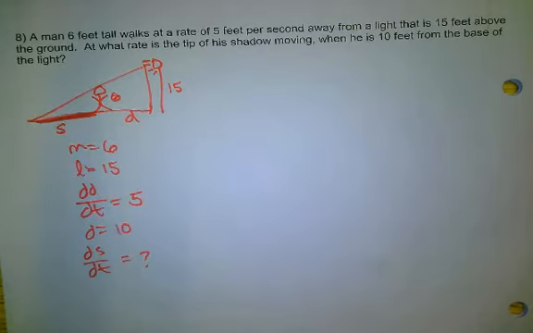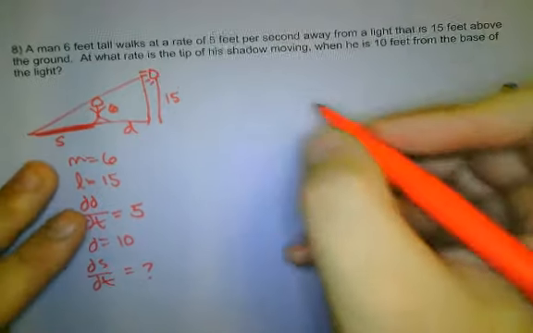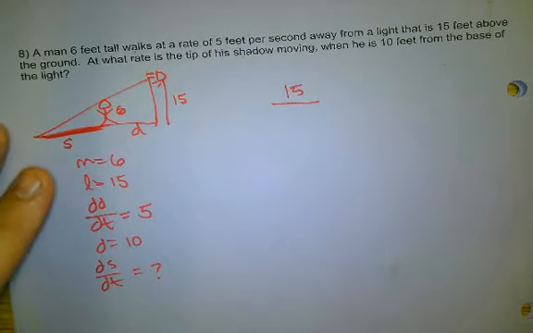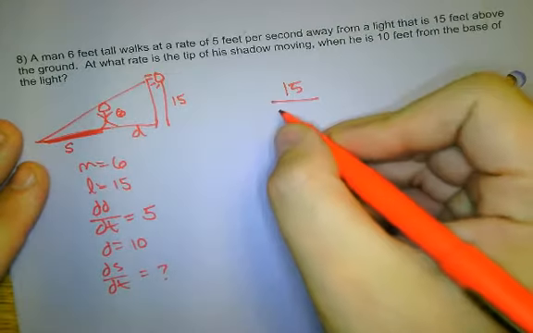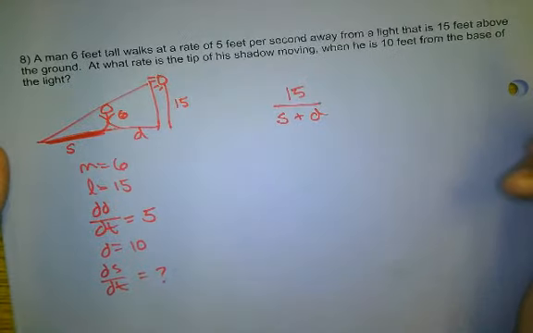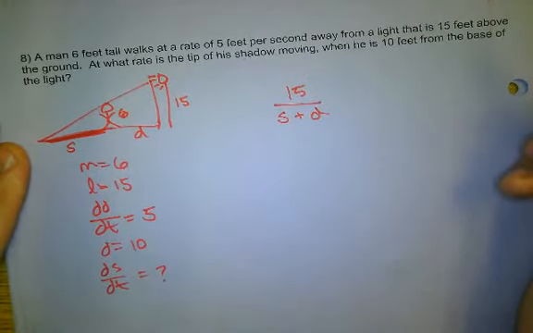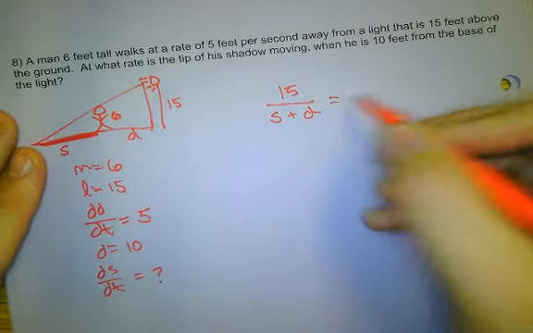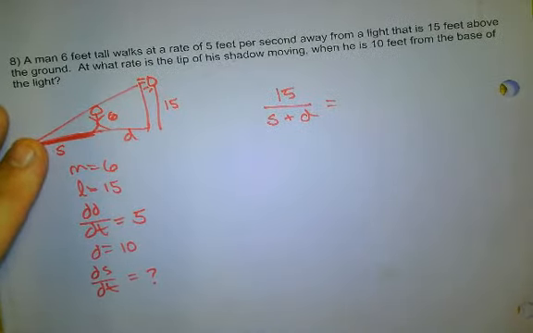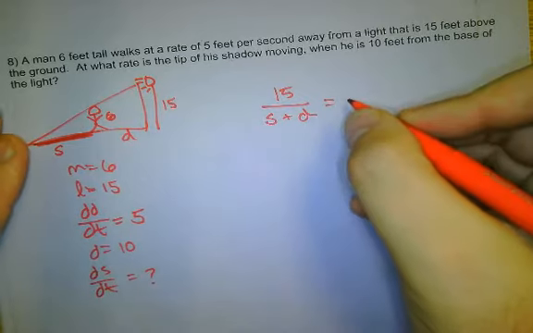What is the height of the big triangle, all over what is the length of the big triangle? S plus D. Shadow plus the distance. Equals, what's the little one? Over.